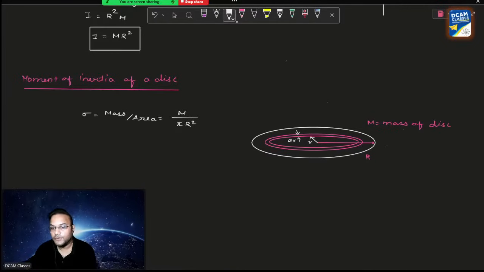Now for this particular ring, we can write its area as 2 pi r into dr. Its mass dm will be sigma into its area, which is sigma into 2 pi r into dr. That's your answer.